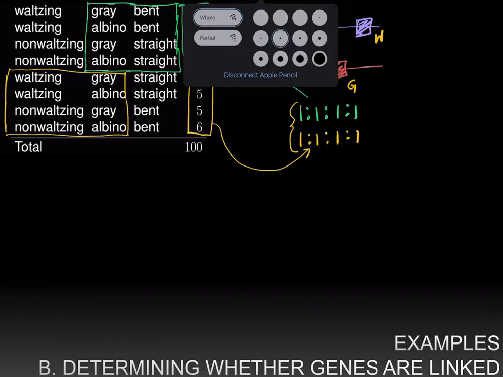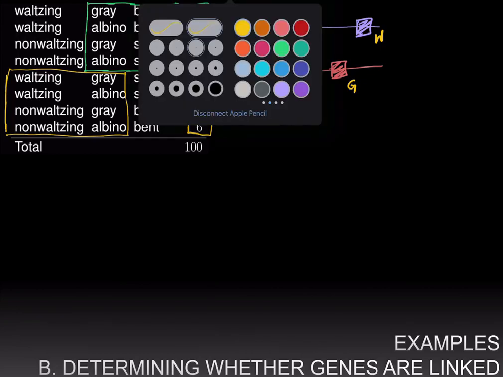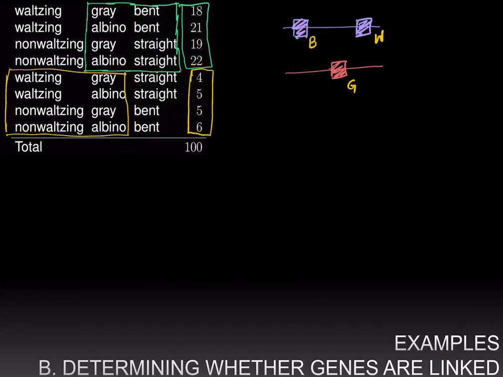In the last step, let us determine the map distance between B and W that are linked. And to do that, we should determine the frequency of the parental genotypes and the frequency of the recombinant genotypes. And so we have the following possibilities.